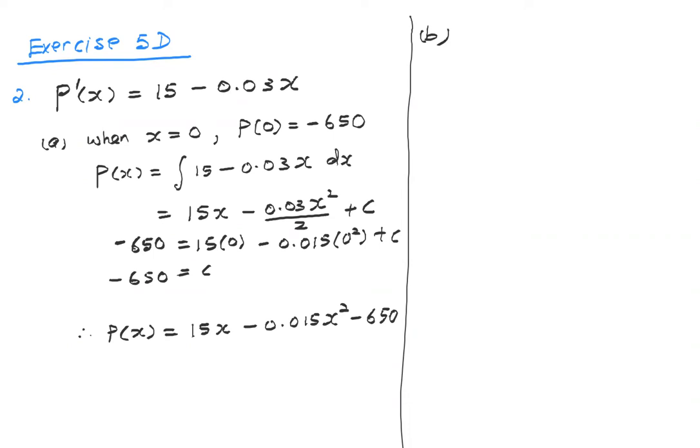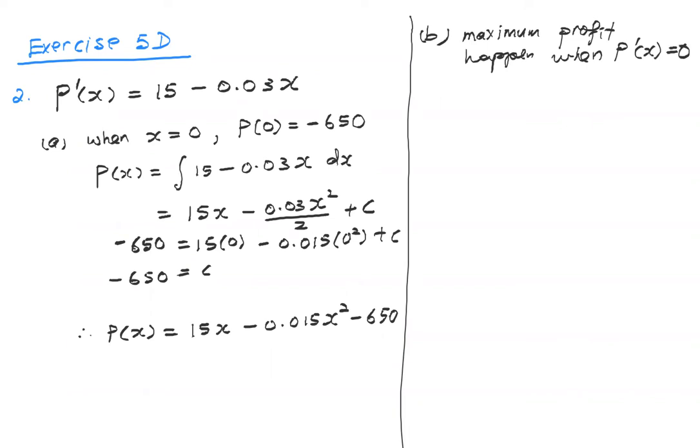Okay, now, in this case, we know that maximum profit happens when the rate of change of profit is equal to 0.